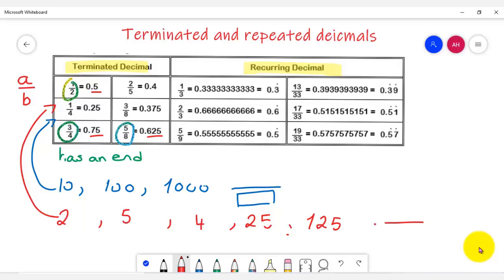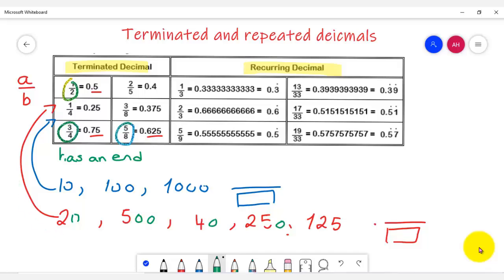Any fraction whose denominator is one of those numbers is going to be a terminated decimal, even if zeros are added beside those numbers.